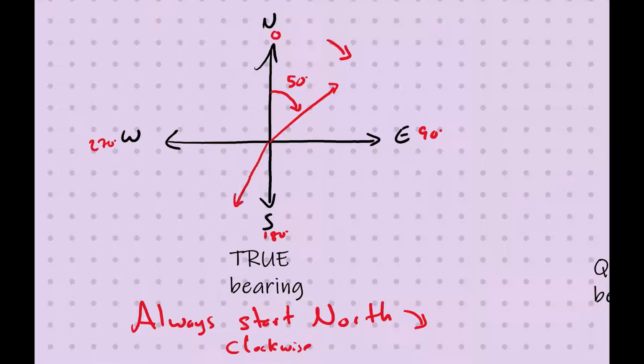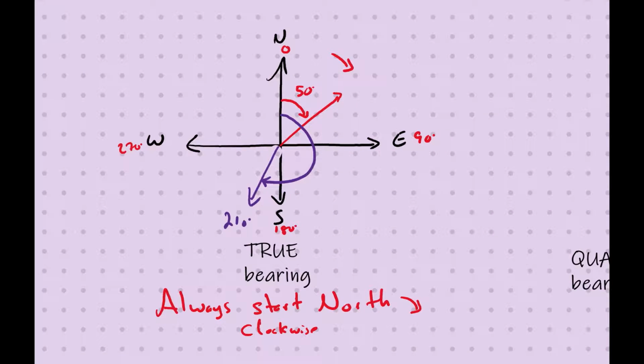So our vector would be drawn closer to the 180, measured from the north all the way to here, 210 degrees. So that's true bearing: you always start from the north and go clockwise.